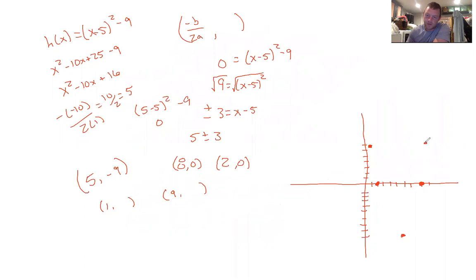Notice it's symmetric. So my other 2 points are 1, 7 and 9, 7. And then I just connect the dots.